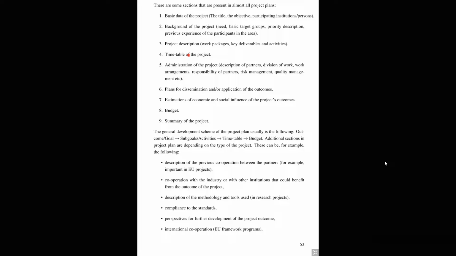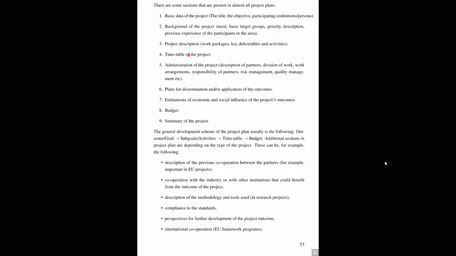You can have the cooperation with the industry or with other institutions that could benefit from the outcome of the project. I've given you an example, like when the Kenyan government was partnering with the ADB Bank to make the Thika Superhighway, or the cooperation between the Kenyan government and the Chinese government when they are making all these expressways.